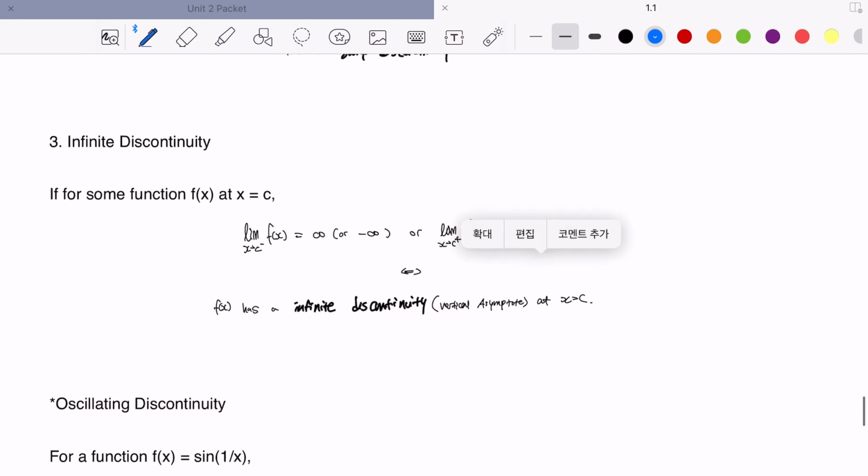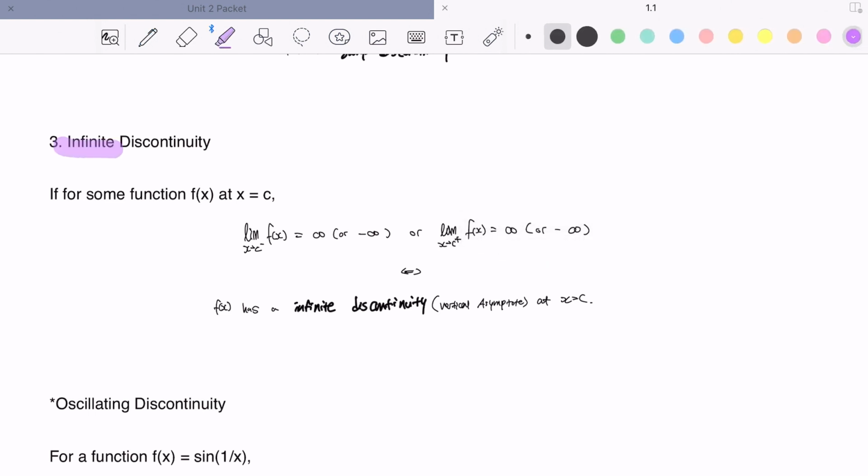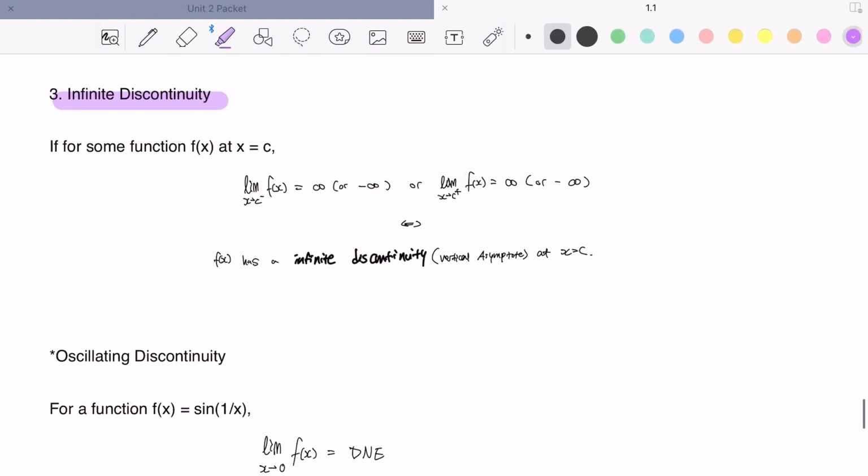So the next one is called infinite discontinuity. If for some function f(x) at x equals c, the limit of x towards c minus of the function equals infinity or negative infinity, or the limit of x towards c plus of the function equals infinity or negative infinity, this turns out that f(x) has an infinite discontinuity, which is also known as a vertical asymptote at x equals c.